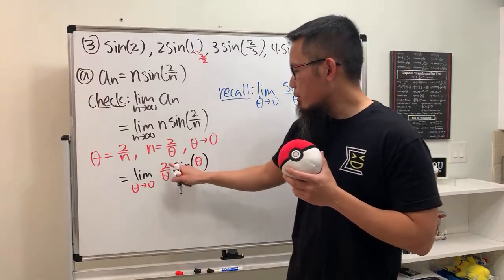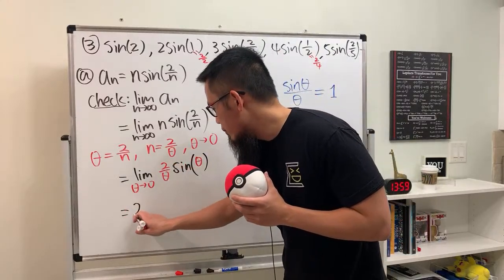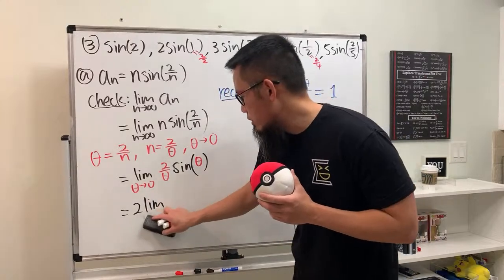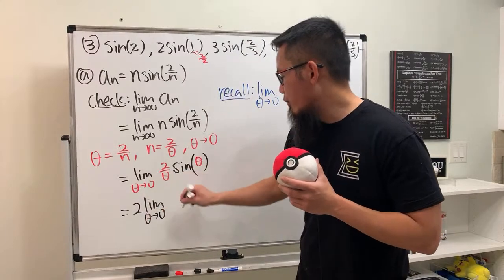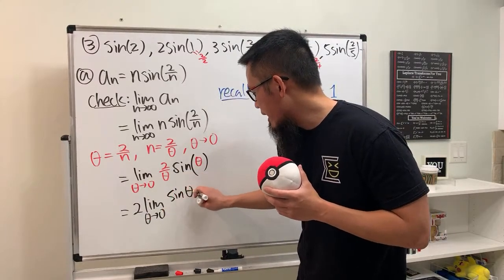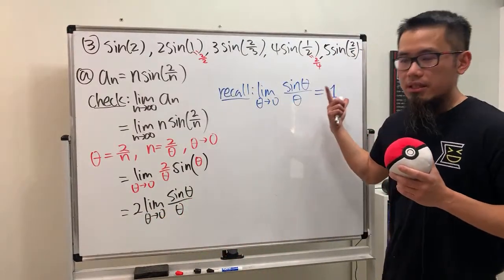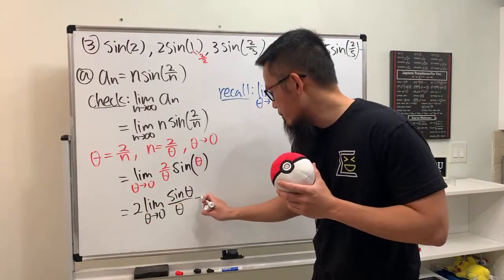And cleaning things up a little bit, this is the constant multiple we can put in the front. So here we have 2 times the limit as theta goes to 0, and then put this over that, so we have sine theta over theta. Well, this right here is precisely the limit, and that will give you 1. 1 times 2, we get 2.